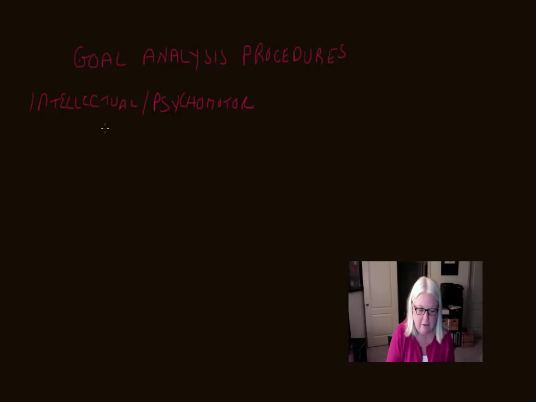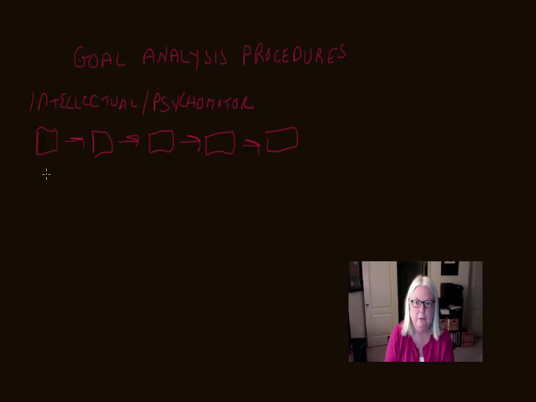If we consider intellectual psychomotor, this is where we want to describe in a step-by-step fashion exactly what a person would be doing when performing the goal. Okay, and we want to do this in steps. So here's step 1, step 2, step 3, step 4, step 5. Okay, so this is what a person would do if I were mapping out how to hit a baseball. Okay, I would go step by step through that process.